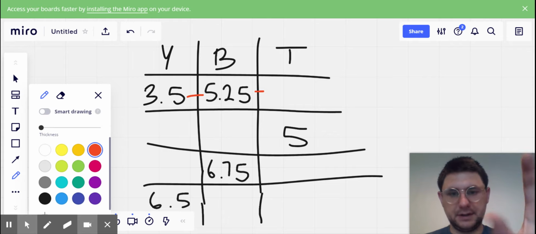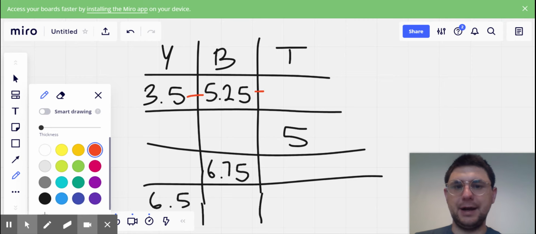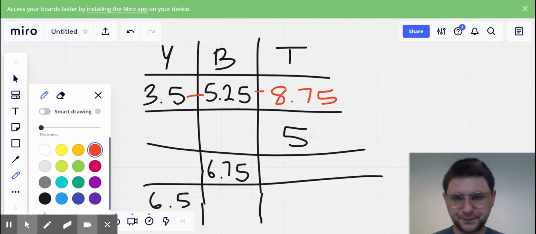All right, so the total, once we get both the yellow and blue, should be pretty easy, right? I mean, right now I can fill in this top right-hand box. 3.5 plus 5.25 is going to be 8.75.